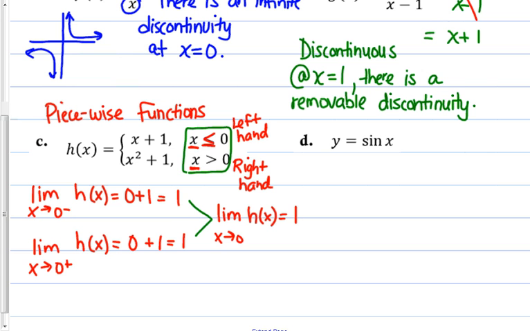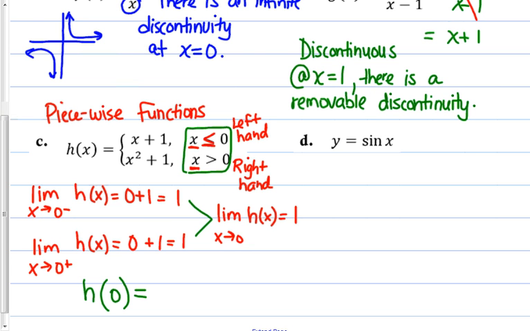So that right there is part 2 of my criteria, right? Part 1, and so what if I'm doing it out of order? No big deal. Part 1 says that if I take my function h and I plug in the 0, it has to be defined.